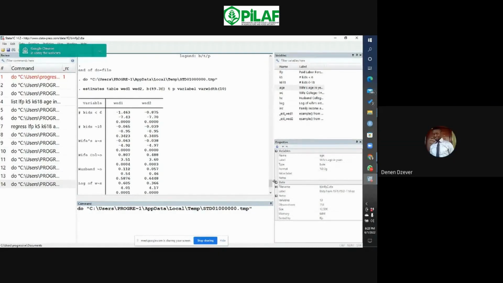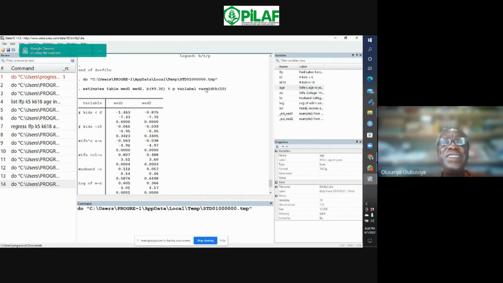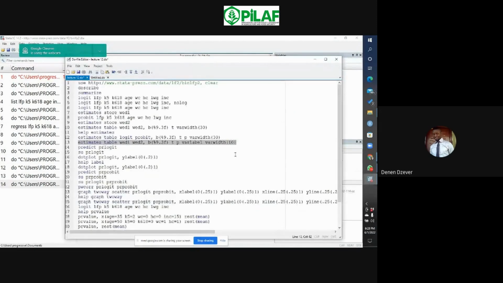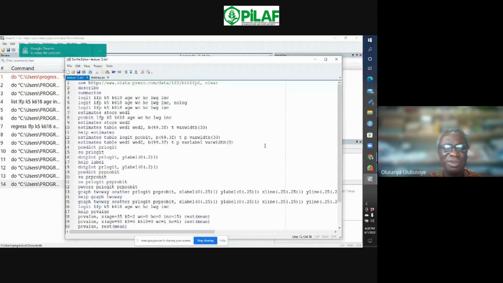It has restricted the number of characters in the variable names. The variable width will now be compressed because you have reduced the number of characters that form the width. Is that okay now? So let me change it to 30 or even 35.